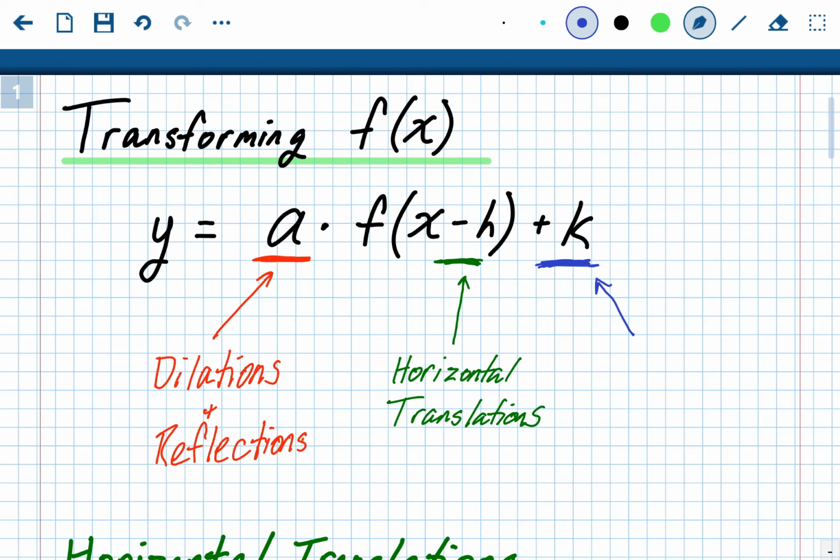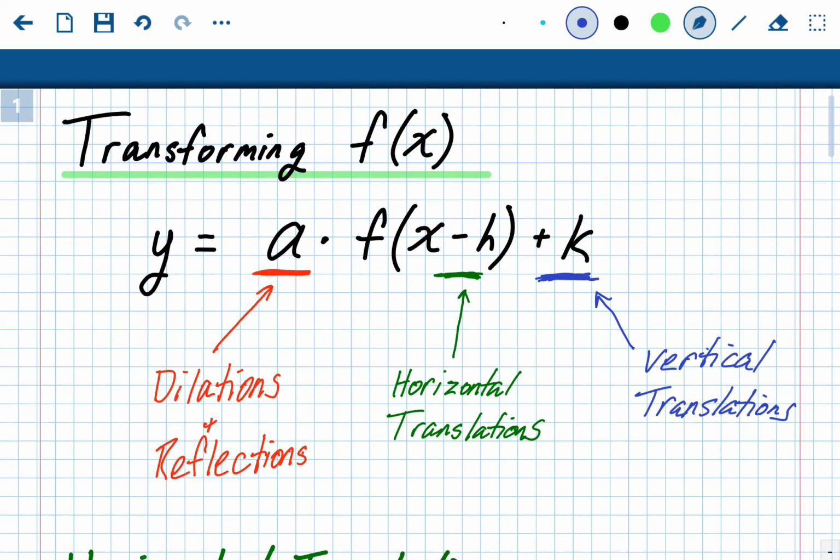So again, notice that h is inside the parentheses, inside with the x, and the k is outside of the parentheses, away from the x. This does vertical translations. So again, three transformations: dilations, reflections, and translations, with translation being the umbrella term. You could have a horizontal translation or a vertical translation.